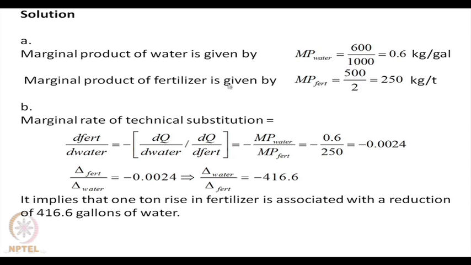And in a similar fashion, the marginal product of fertilizer is given by dq by d fertilizer, that is the change in the potato production for a change in the fertilizer employed. 2 tons of fertilizer gives rise to 500 kilogram of additional potato produced. So, the marginal product of fertilizer is 250 kilogram per ton. So, this is the first part of the question.